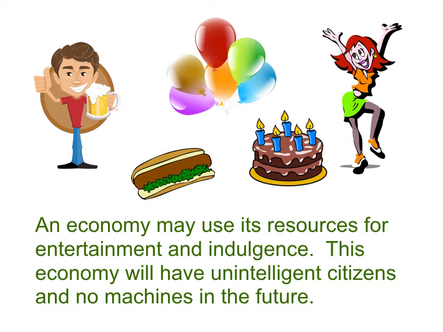If you want to be on the low path, these are the types of things that you would be doing. You would be out enjoying your life. You would be having little balloon parties, having a dance party. So these are the types of choices we have to make. The first one is to choose capital. And the second one is to choose consumption. This is ultimately, as we said at the very beginning of our term, the capital consumption trade-off.